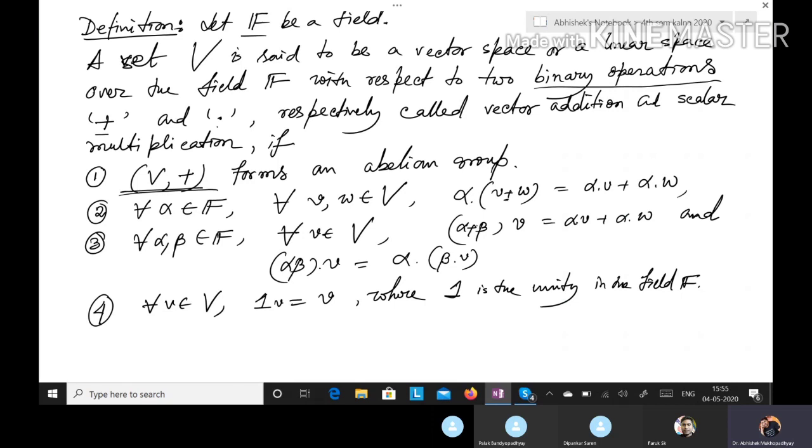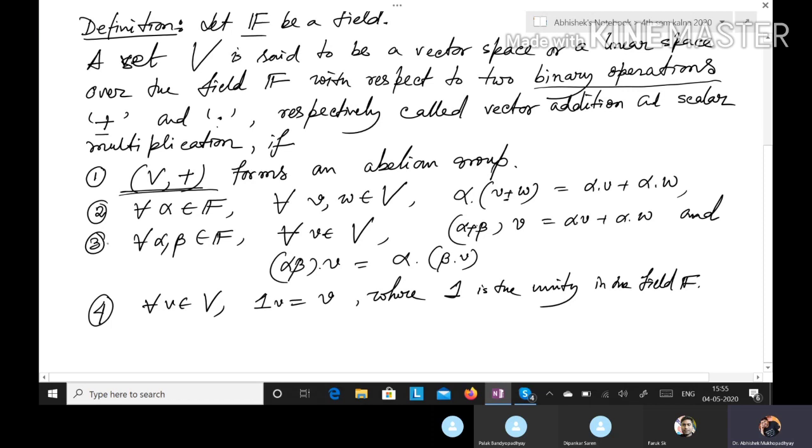Then number 2 is that scalar multiplication distributes over vector addition.